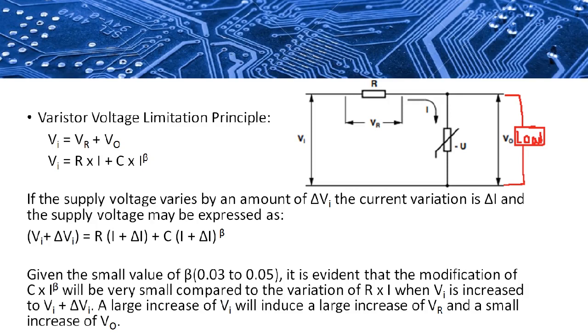If you see, for an increase in the voltage delta Vi, there is an increase in current of delta I, and from the equation you can see for a small value of beta, it is evident that the modification of C into I power beta will be very small compared to the variation of R into I when Vi is increased to Vi plus delta Vi. So a large increase of Vi will induce a large increase of VR and a small increase of V naught. This is how the varistor will protect the circuit or load in case of transient or over voltage.